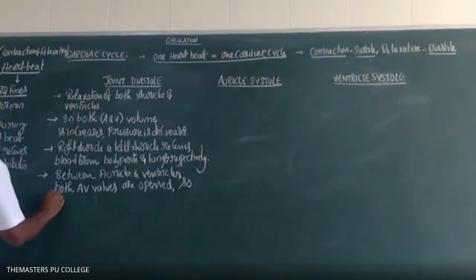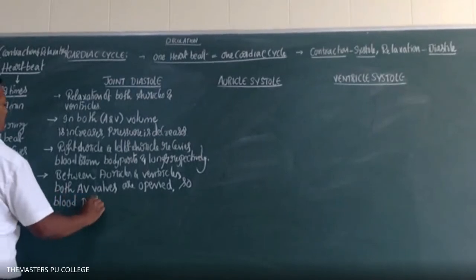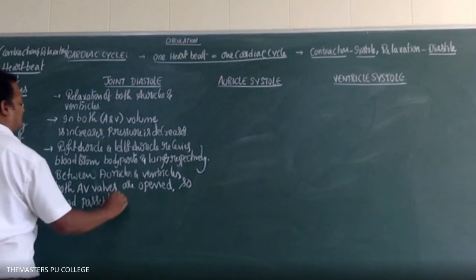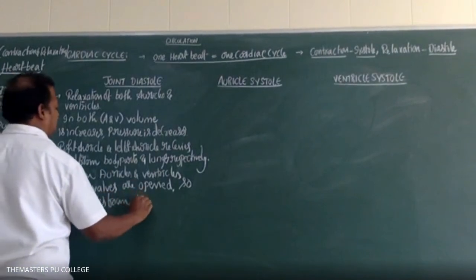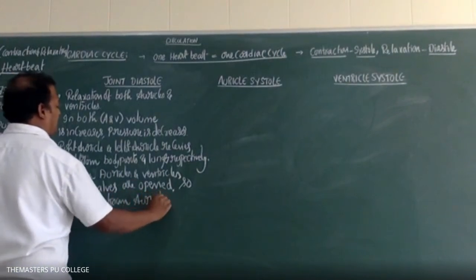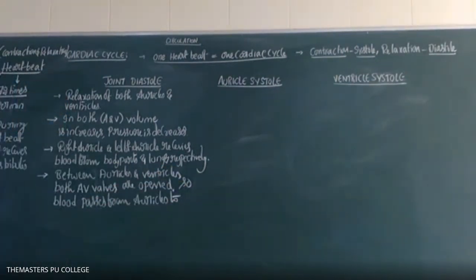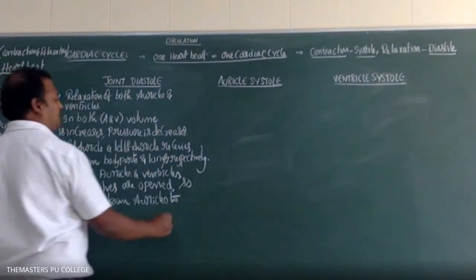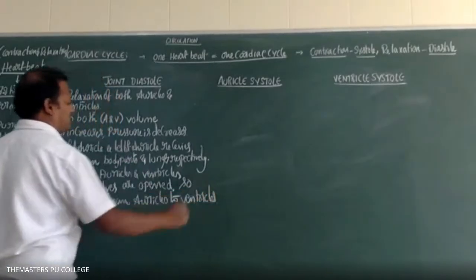So blood passes from auricles to ventricles.